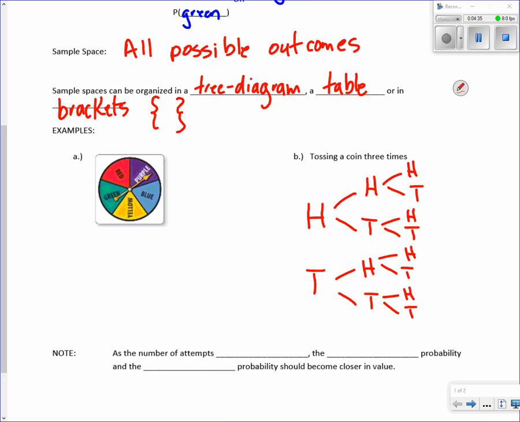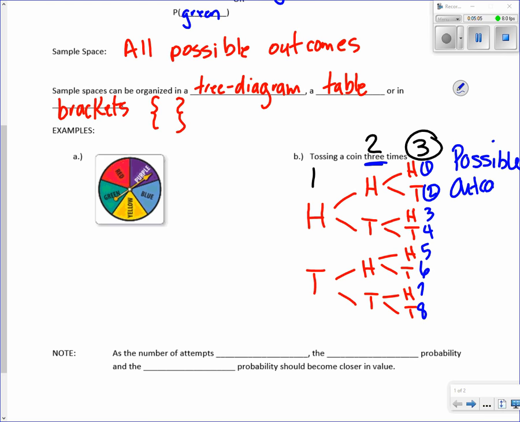Where do you get your 8 outcomes from? I wanted 3 times, okay? And so because I wanted 3 times, you check the very end of your tree, the very side or the very bottom, depending on how you want it, because this was time 1, this was time 2, and that was time 3. So I want to look at time 3. So all of our possible outcomes, we know that we have 8 possible outcomes from counting them.